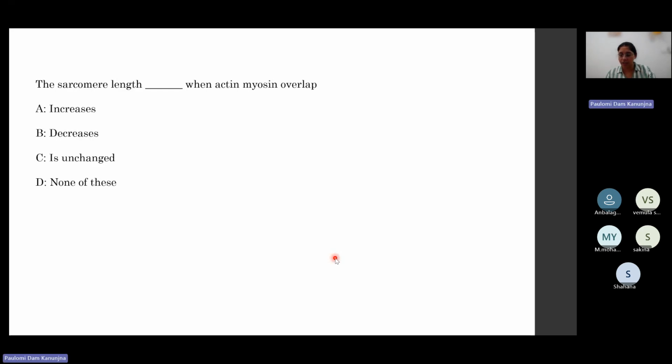Someone is typing. Let the person type. Only then will it increase. Don't you think it will decrease? Because when there is actin myosin overlap, it's basically pulling the actin myosin filaments closer. So your length is shortening.